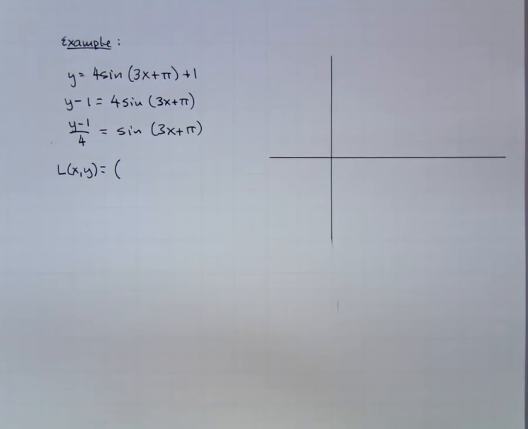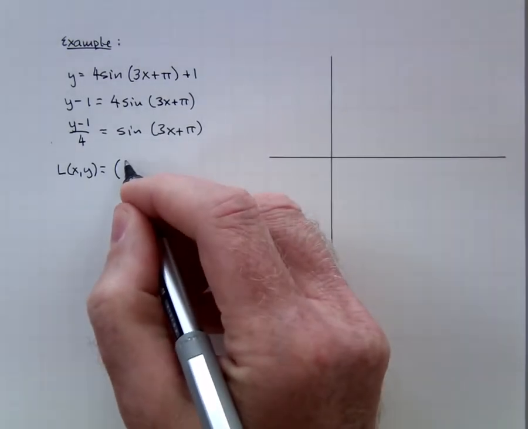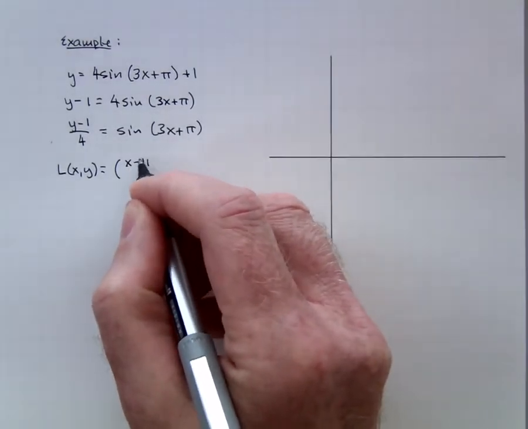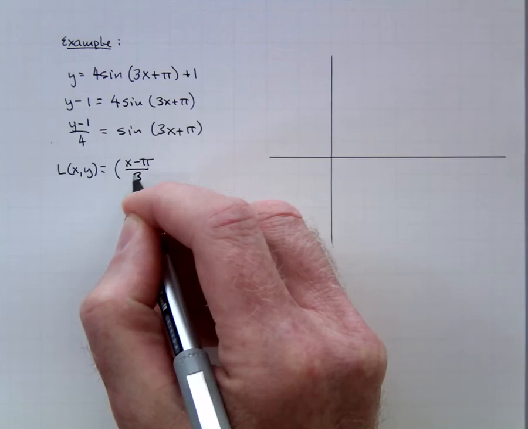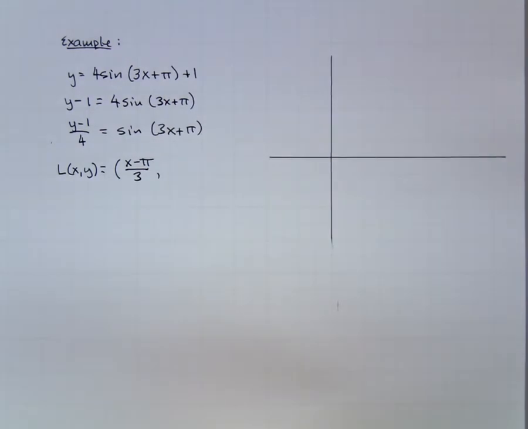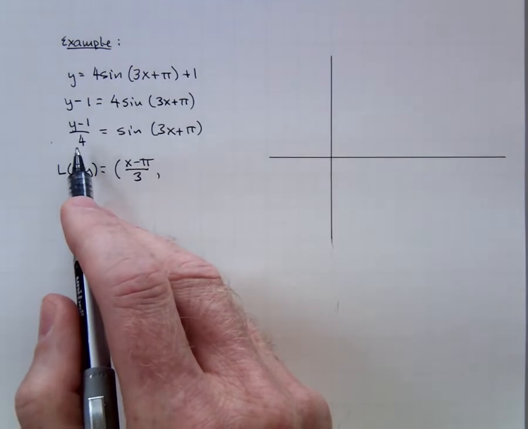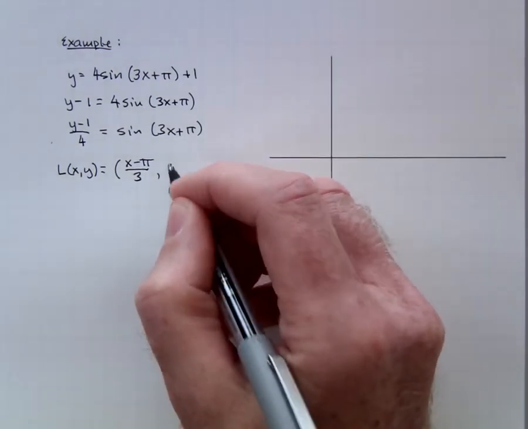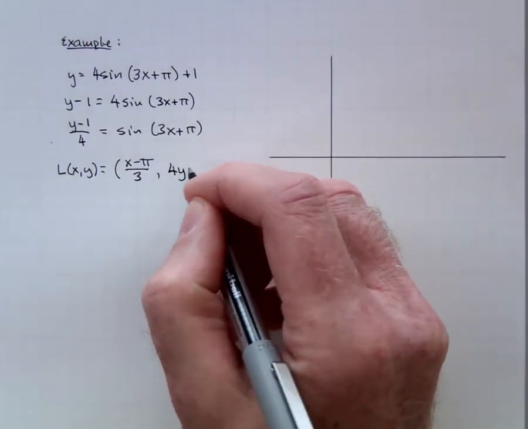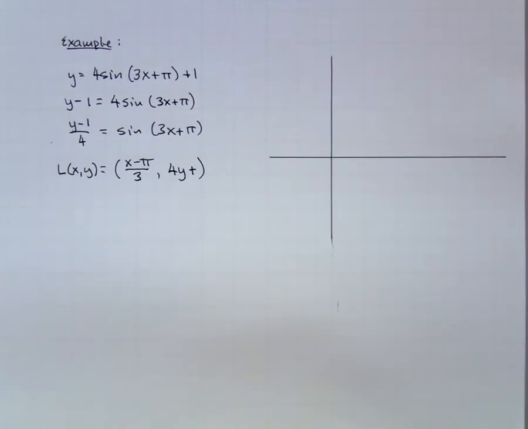To fully reverse that process, we would first subtract pi, and then divide by 3. Looking at y, it's y minus 1 all over 4 in the equation. The last thing that was done was the division by 4, so the first thing we'll undo is the division by 4, and we'll undo the subtraction of 1 by adding 1.